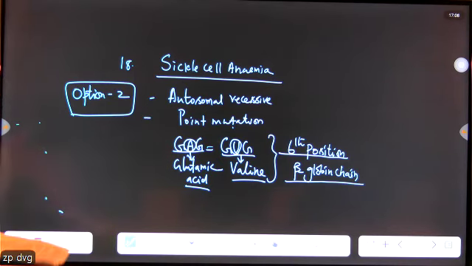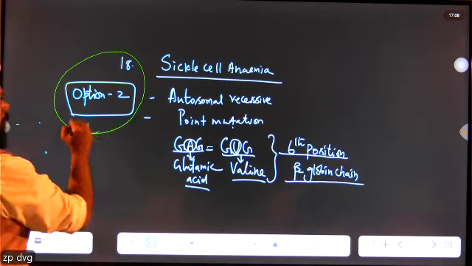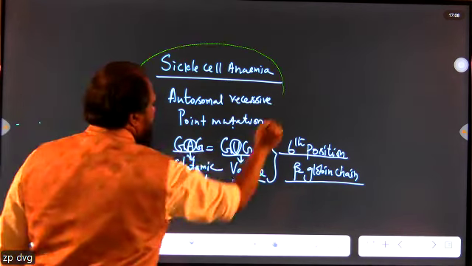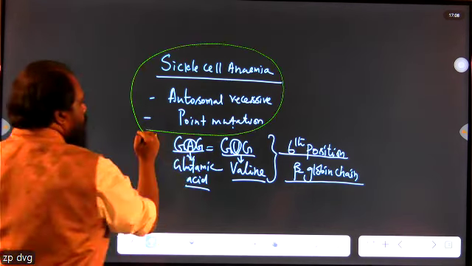Question number 19 is also a direct question. You will understand it better. We are talking about Down syndrome. Down syndrome is due to what?